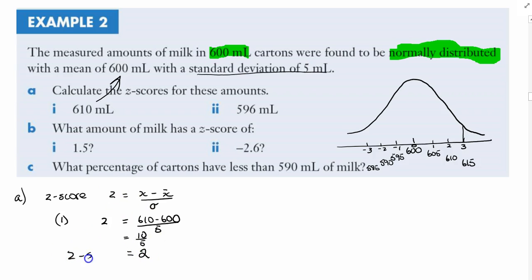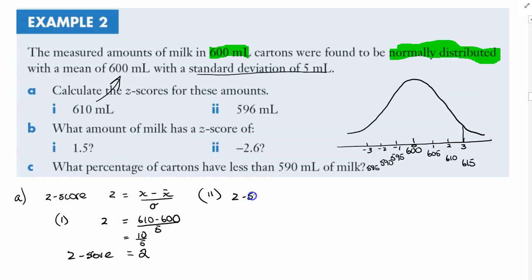So the Z-score for 610 mils is a Z-score of +2. In part 2, we're looking at a Z-score for 596. Already, you know that your Z-score has to be a negative because this value is below the mean.